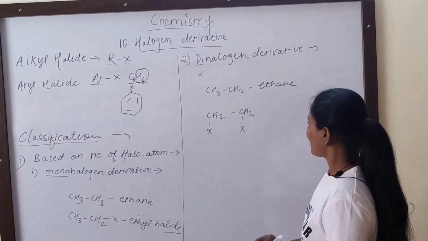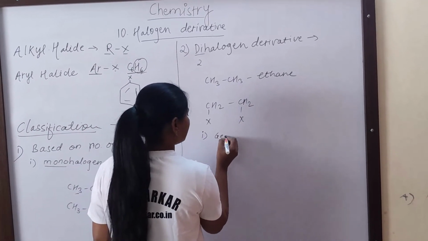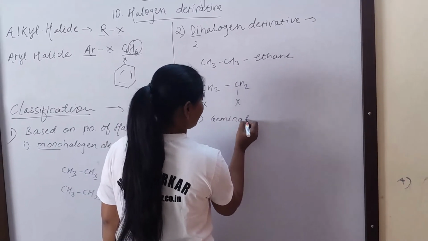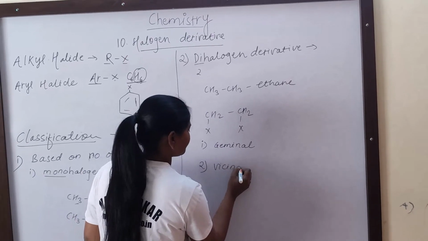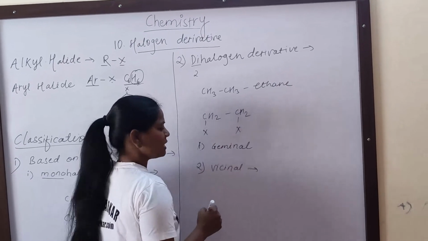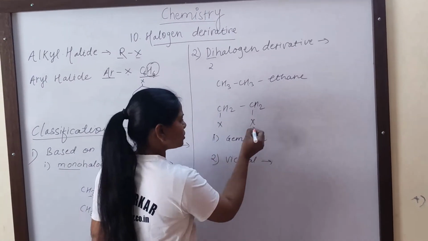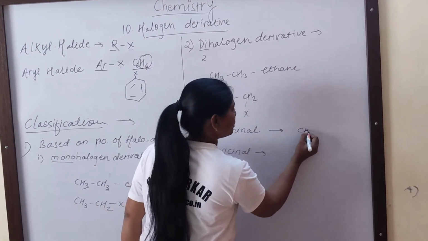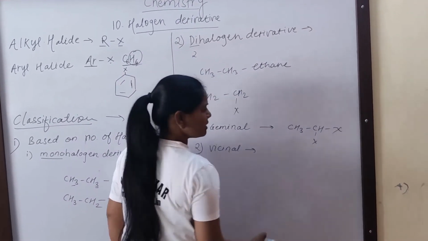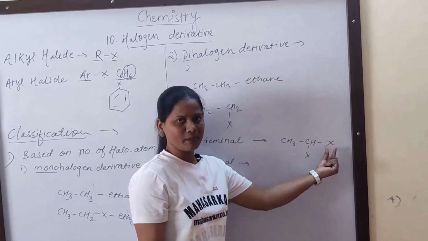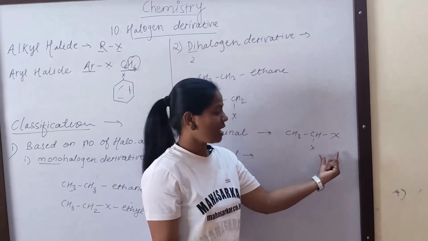Now the dihalogen derivative also has two subtypes. One is geminal dihalide and the second one is vicinal dihalide. Now what is the meaning of vicinal dihalide and what is the meaning of geminal dihalide? When these two halogen atoms are attached to the same carbon atom, you can see here I have replaced the two hydrogen atoms of the same carbon atom. So the two halogen atoms attached to the same carbon atom is known as the geminal dihalide. And vicinal dihalide means what? These two halogen atoms are attached to adjacent carbon atoms. Adjacent means what? Neighboring carbon atoms. The two halogen atoms attached to adjacent carbon atoms is known as vicinal dihalide. And geminal dihalide means the two halogen atoms are attached to the same carbon atom.